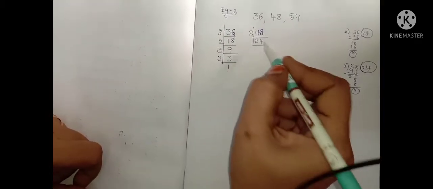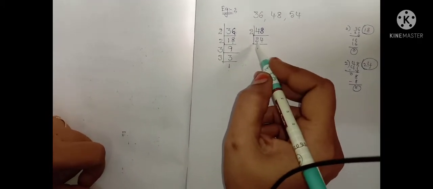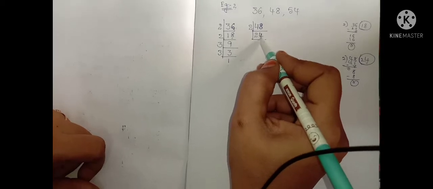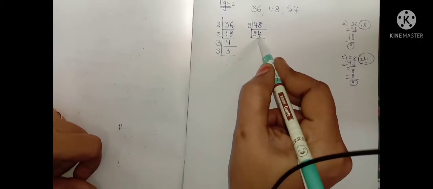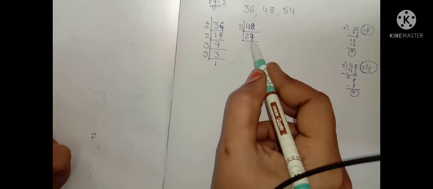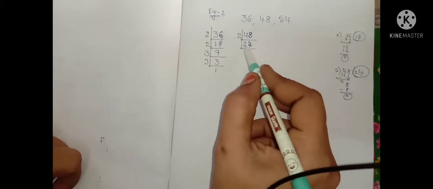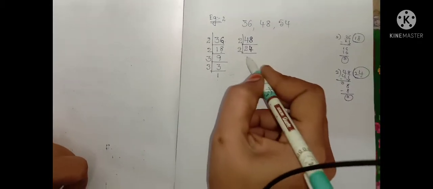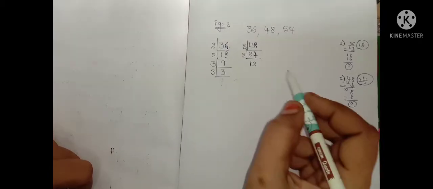Now again I am taking the 2 table. Why? Here the last digit 4 is there, which is possible in the 2 table. So the full number is possible in the 2 table. 24 is 12 times in the 2 table.